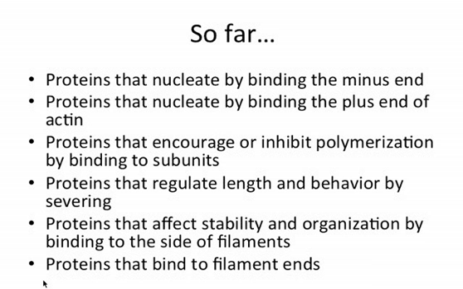There was a whole bunch, right? And then proteins that bind to filament ends, and there were a few there too. So this is a way to start organizing, because as you start to place all your proteins on your cytoskeletal components, you will be able to put them into these categories also. Okay?